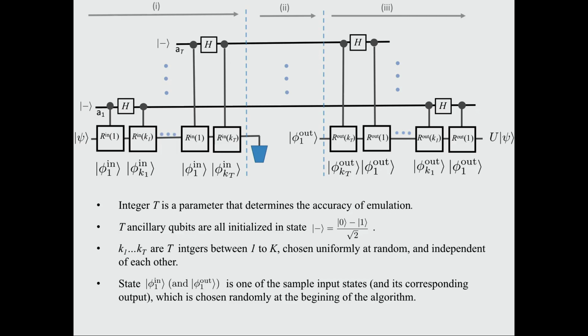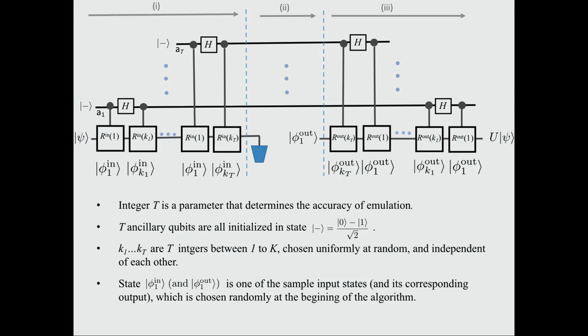The ancillary qubits are all initially prepared in the state minus, 0 minus 1. And K1 to KT are T random integers between 1 and capital K. Remember, capital K is the number of distinct input samples. They are chosen uniformly at random and independent of each other. That's a very important assumption.